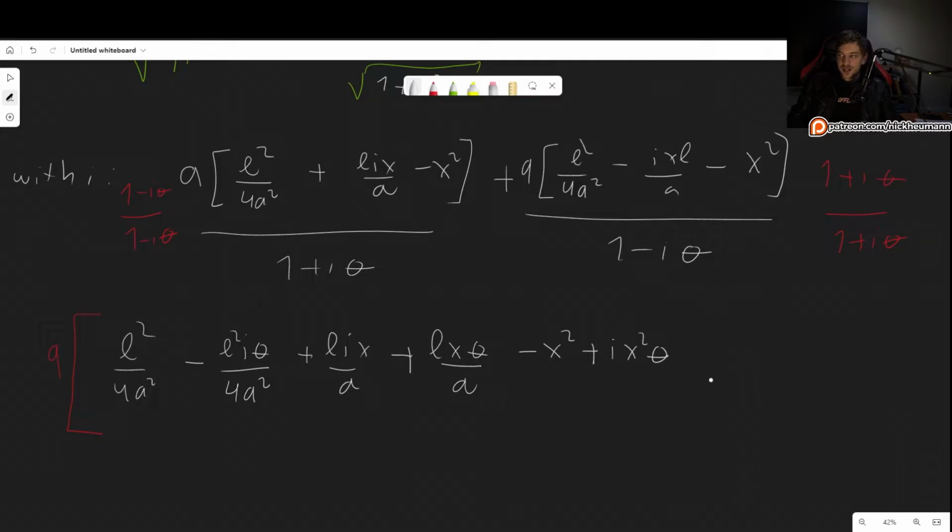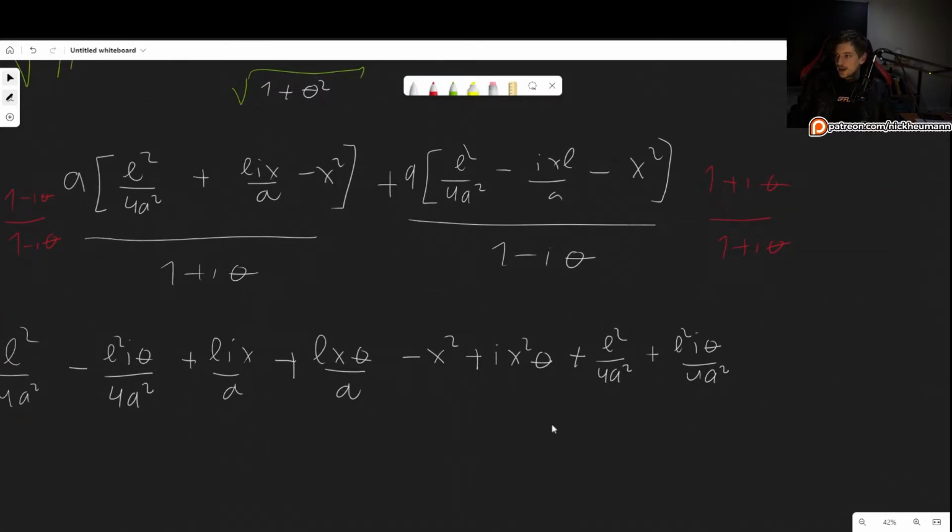We want to be very careful now. Don't make a dumb algebraic mistake. Now the second bracket, so we get plus L squared over 4a squared, plus L squared i theta over 4a squared. Now the next one: minus i x L over a, minus, but now we get i squared, so plus x L theta divided by a.